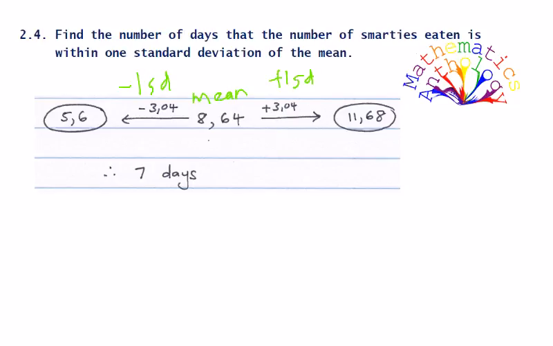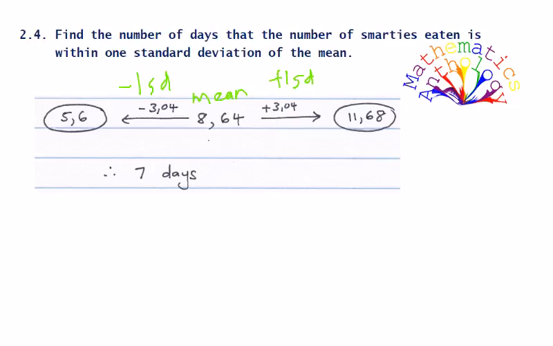So how you do this is you start with the mean value, which is 8,64. The standard deviation we worked out was 3,04. So to that 8,64 I'll add 1 standard deviation of 3,04. That gives me an answer of 11,68 there on the right. Then I go to the mean again and I subtract now 1 standard deviation from that answer. So 8,64 minus 3,04 gives me 5,6, you can see on the left.